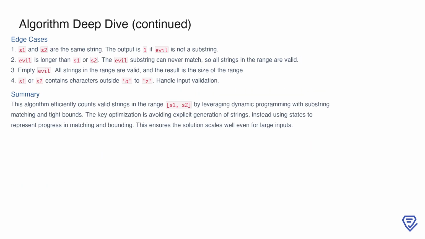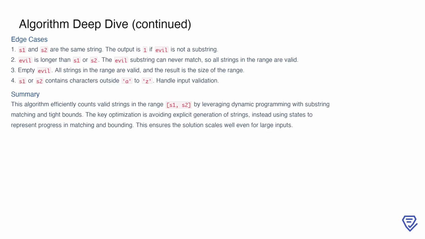Handling edge cases is an important part of ensuring the algorithm is robust. For instance, when S1 and S2 are the same string, the output is 1 if the evil substring is not present. If the evil substring is longer than S1 or S2, it can never appear, meaning all strings in the range are valid. In cases where evil is empty, all strings are valid, and the result is simply the size of the range.